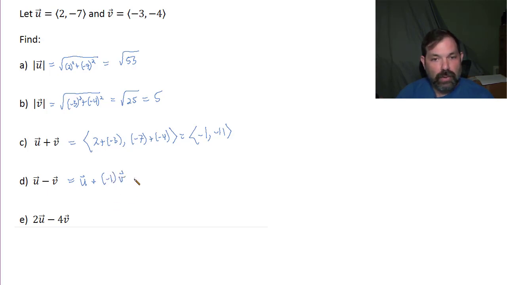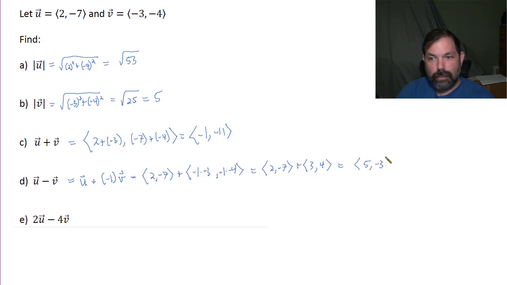Subtraction's addition of the opposite. So then that's u vector, that's 2, -7, plus, now -1 times v would be -1 times -3, comma, -1 times -4. And so then that's 2, -7, plus 3, 4, which is the vector 5, -3.